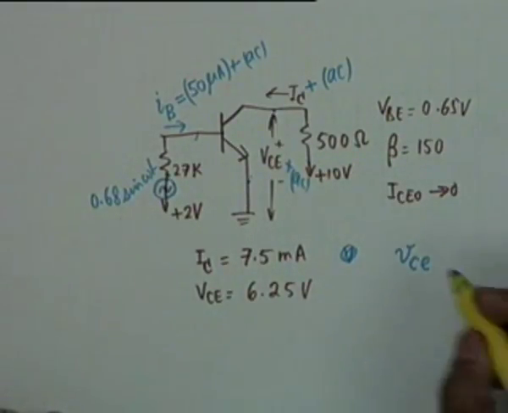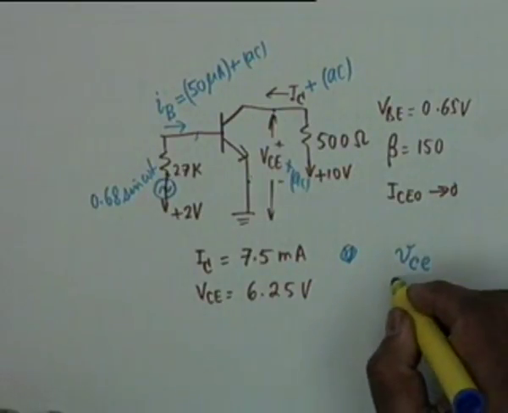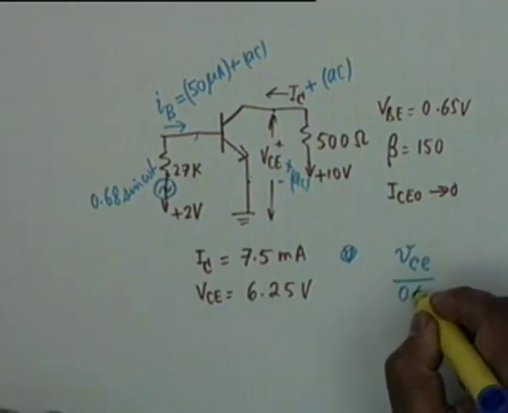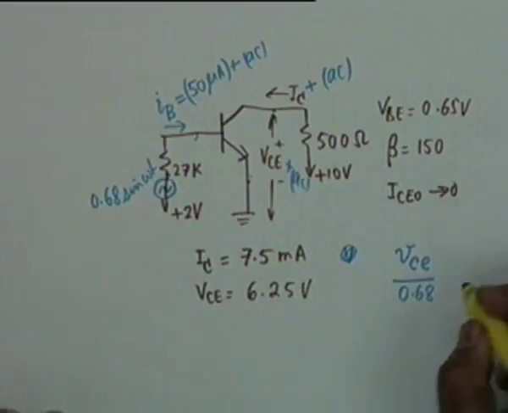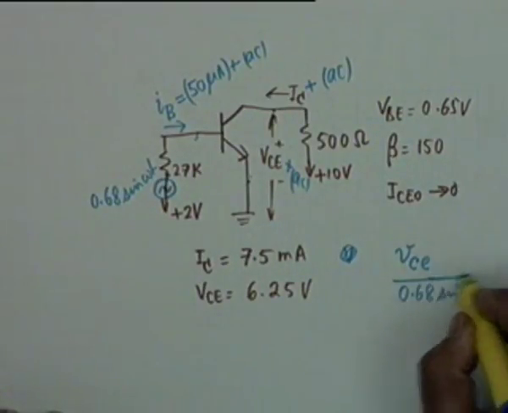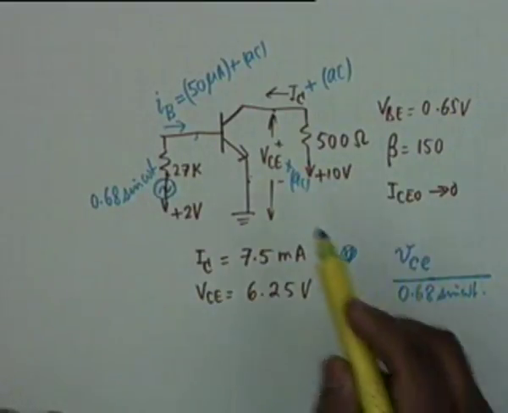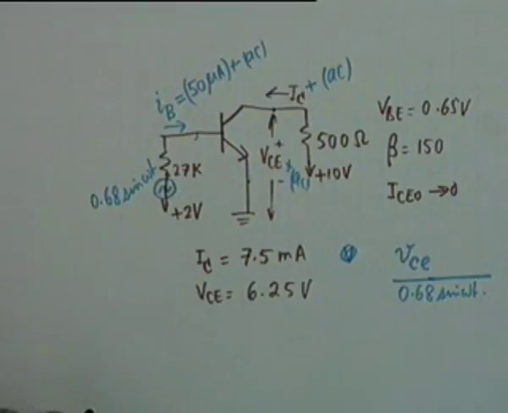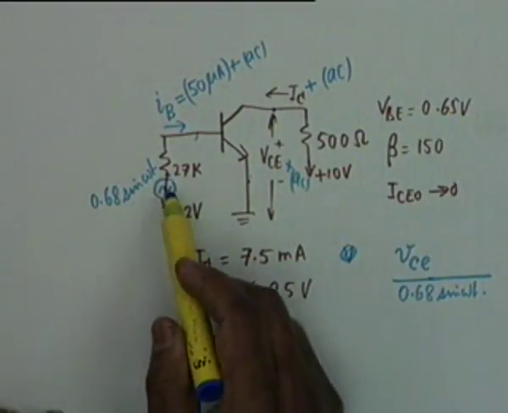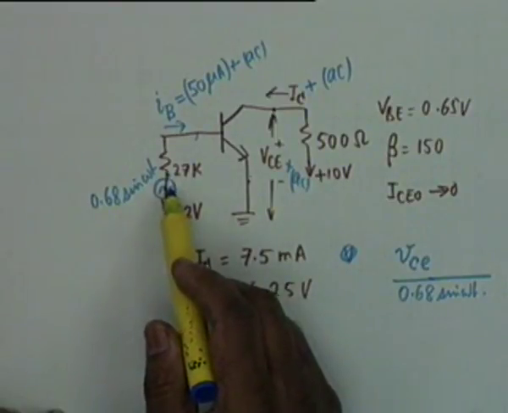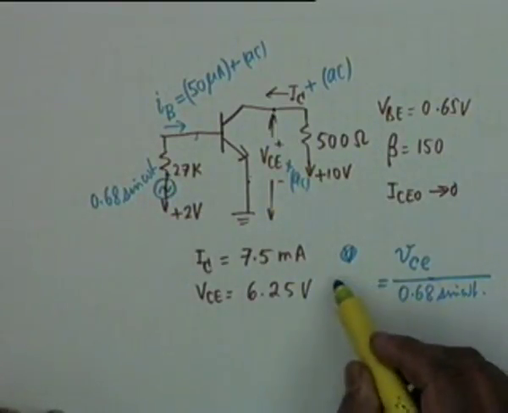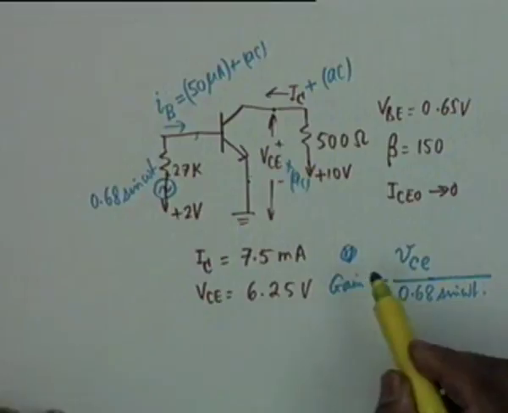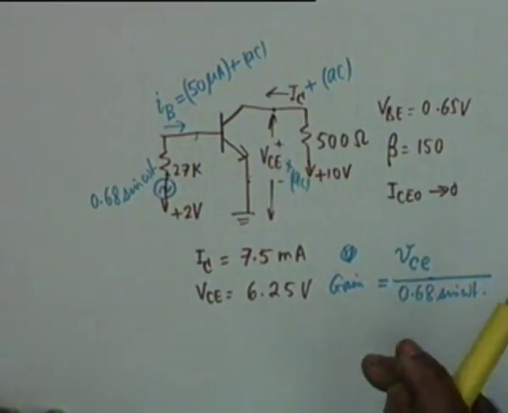We will find out VCE divided by 0.68 sine omega t. That is the AC component of the voltage developed across the collector and emitter divided by the signal voltage that you have applied. This is the signal voltage, 0.68 sine omega t, and this shall be the gain of the amplifier.